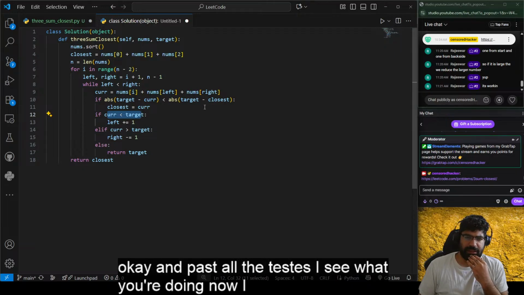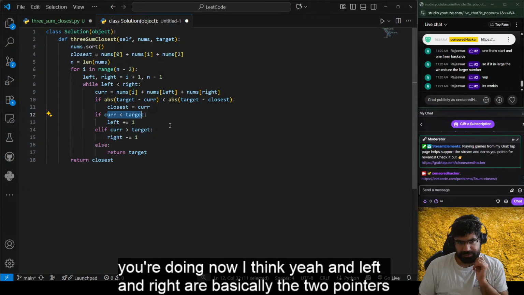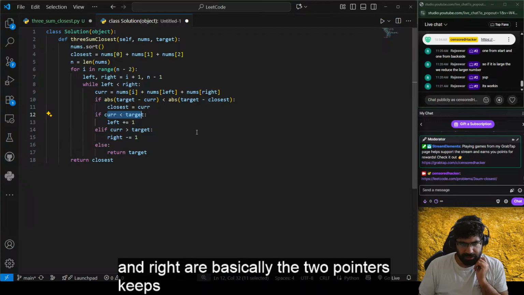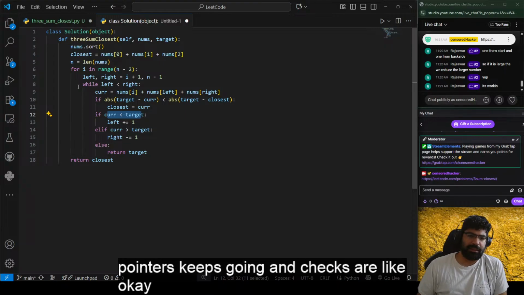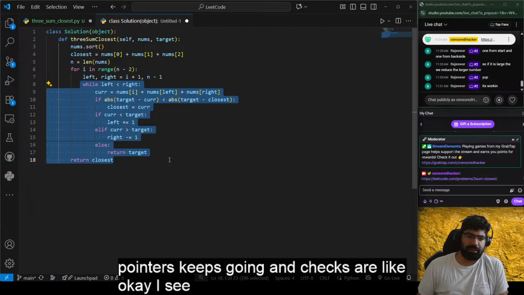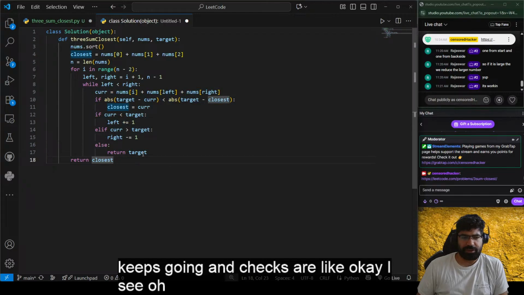I think, yeah. And left and right are basically the two pointers. Keeps going and checks with like, okay, I see. Oh, this is actually a nice approach.